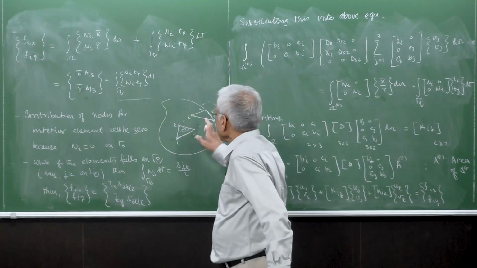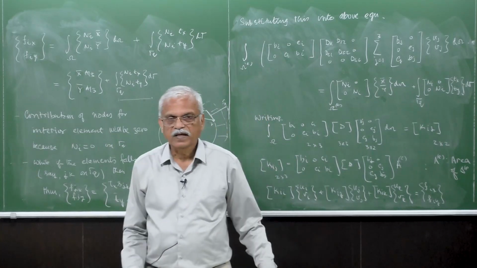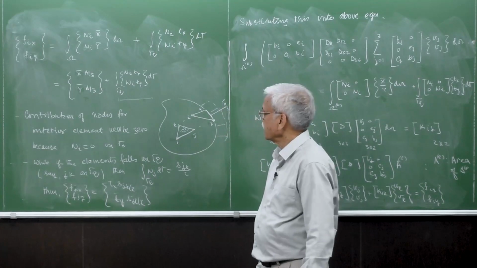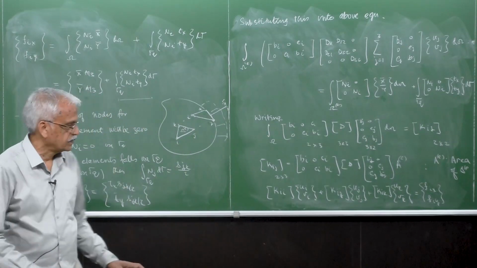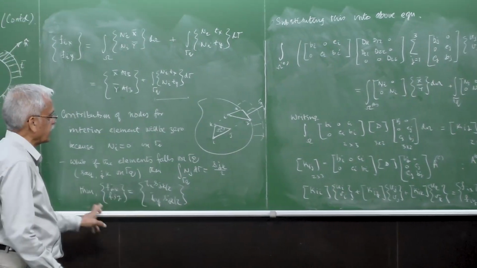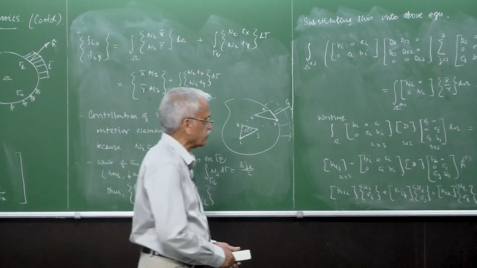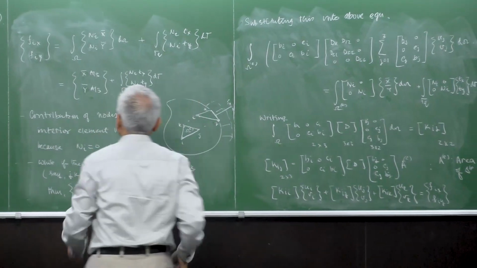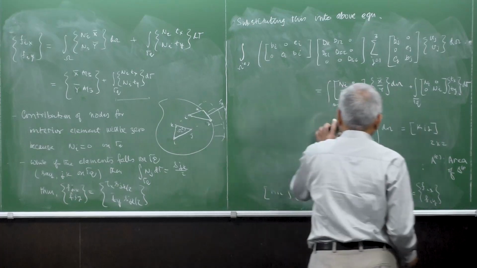And exactly the same thing is true for the node K. So its integration along the traction boundary will be sjk by 2 again, right? So this is a boundary condition which comes into the picture only for those elements which are having sides on the traction boundary.